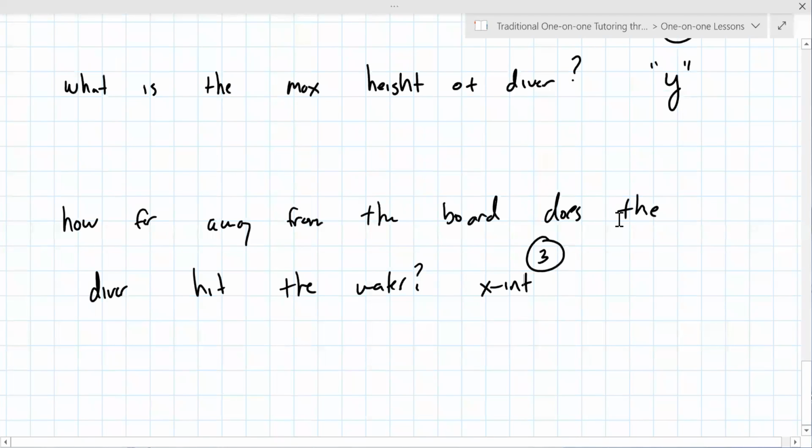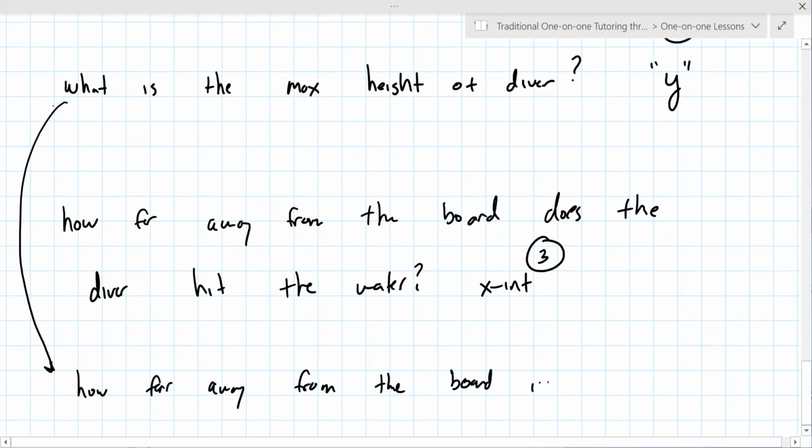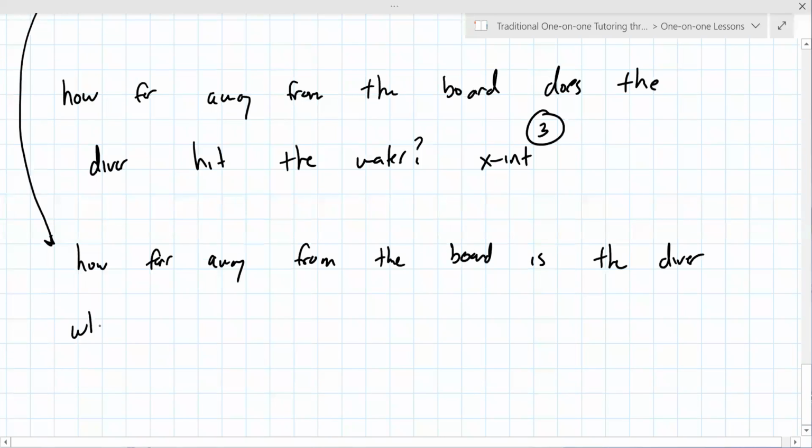So then, kind of related to this question right here, it's a little awkward, but it would be like, how far away from the board is the diver when it reaches max height?